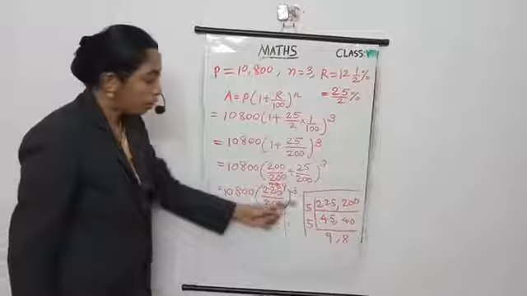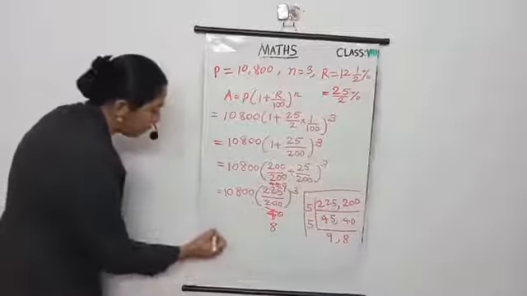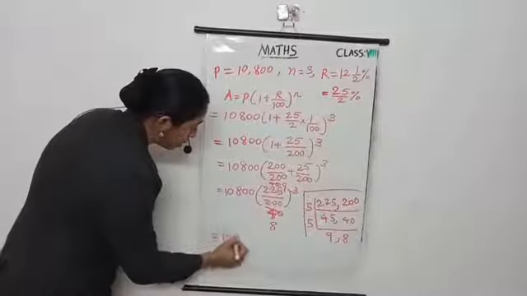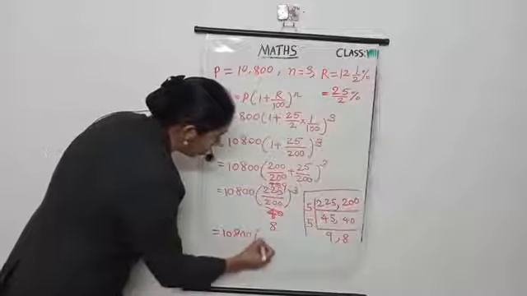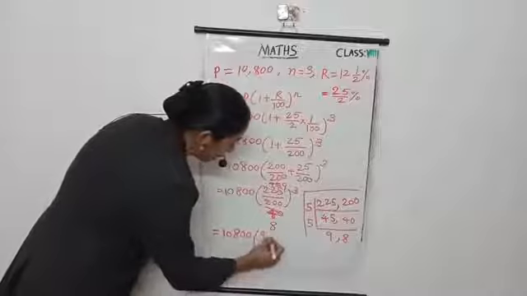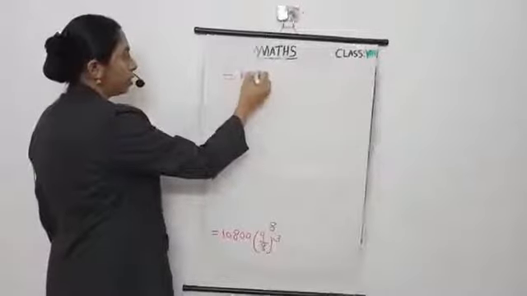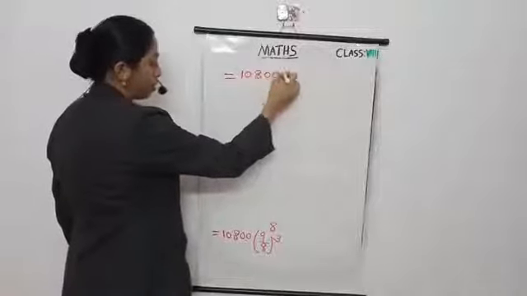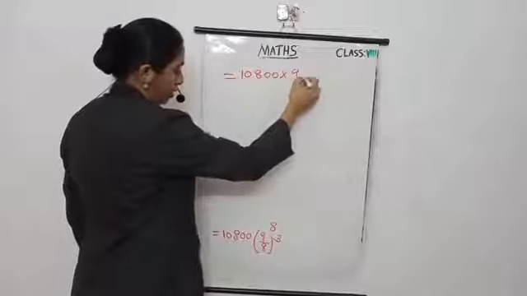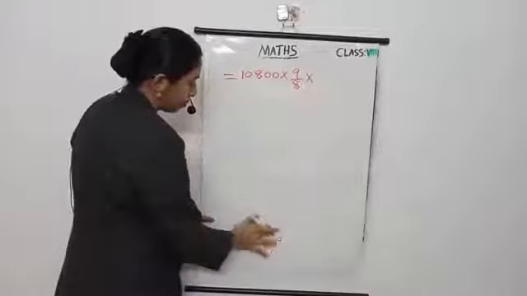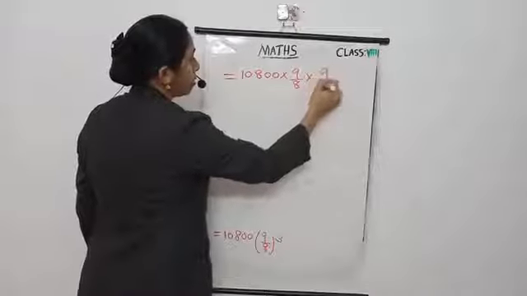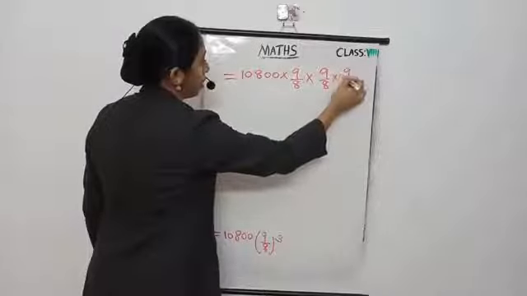Use this method or that method, simplify this fraction. Then 10,800 into 9 by 8 whole cube. This is equal to 1,800 into 9 by 8 into 9 by 8 into 9 by 8.